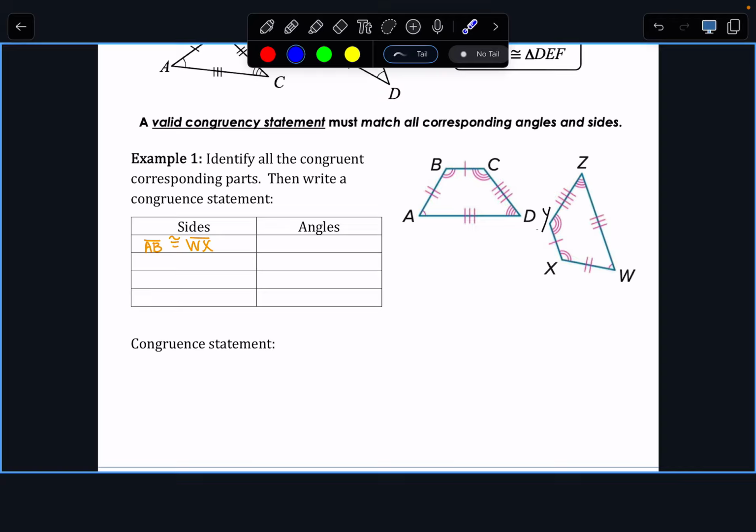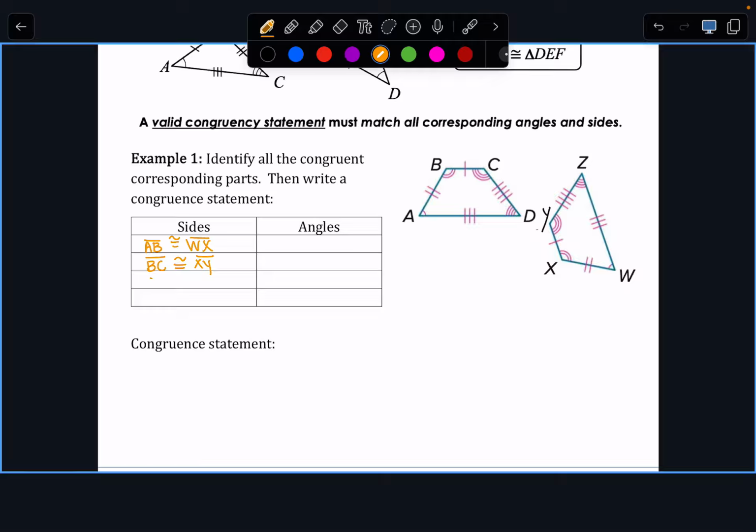They do have to be in the correct order. So if I call our next segment BC, what is BC congruent to? XY.